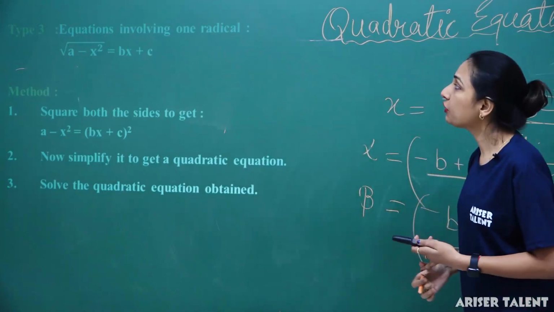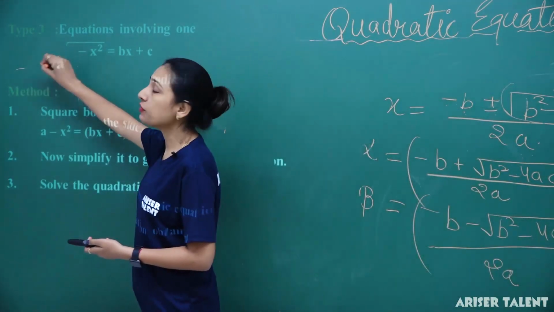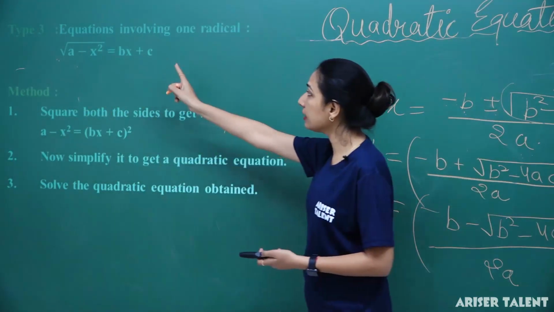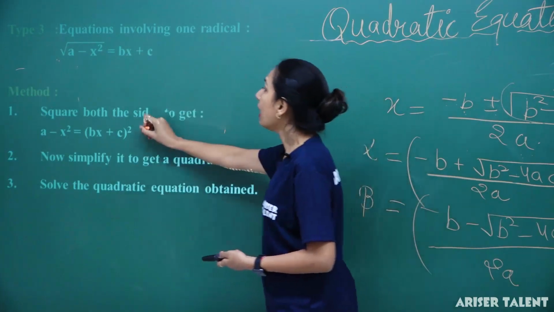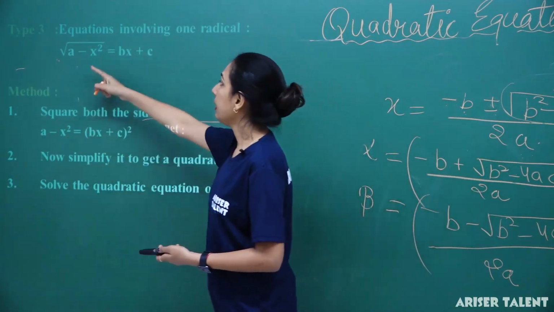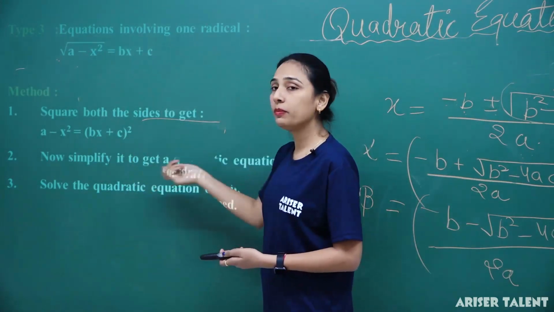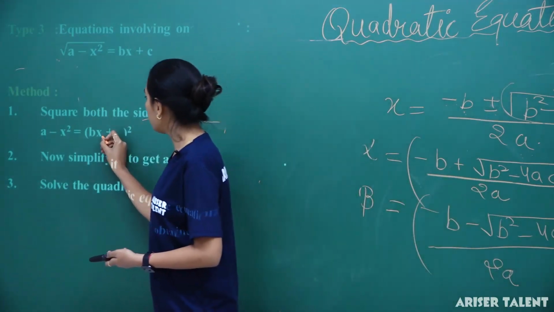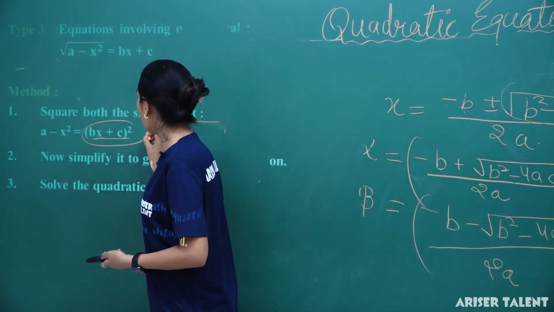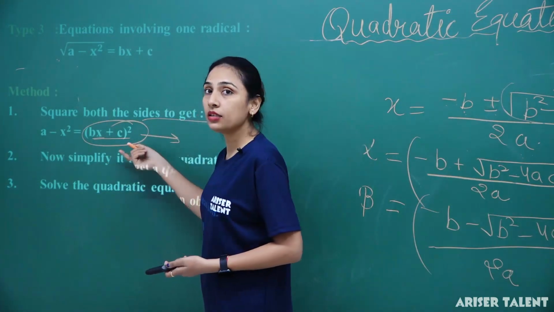Type 3 is the equation involving one radical like this. In this situation, what will you do? If you're seeing this kind of square root, you'll just square it simply. Square both sides to get a minus x square equals bx plus c whole square. Now we'll do the simplification of this, because it's only a linear term here, so that will also be converted into the square format.